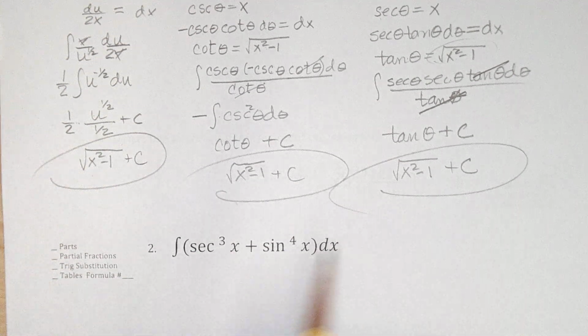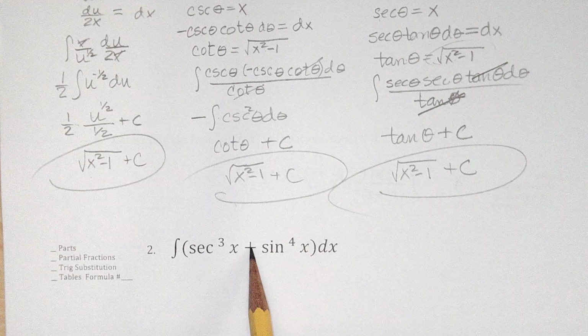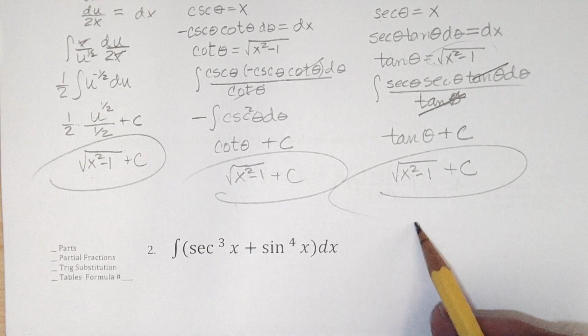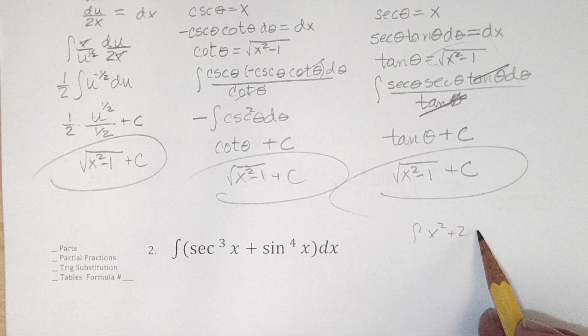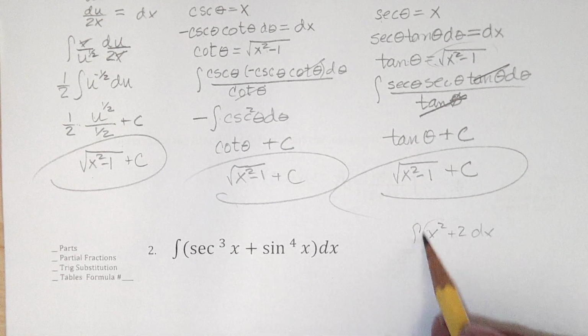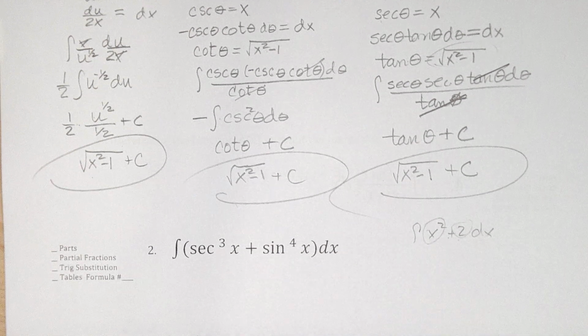I had several people say, well, I don't know what to do with this one. This is addition. You've done integrals of like x squared plus 2 dx. You do this part and you do this part. When they're added or subtracted, you just do the separate pieces.